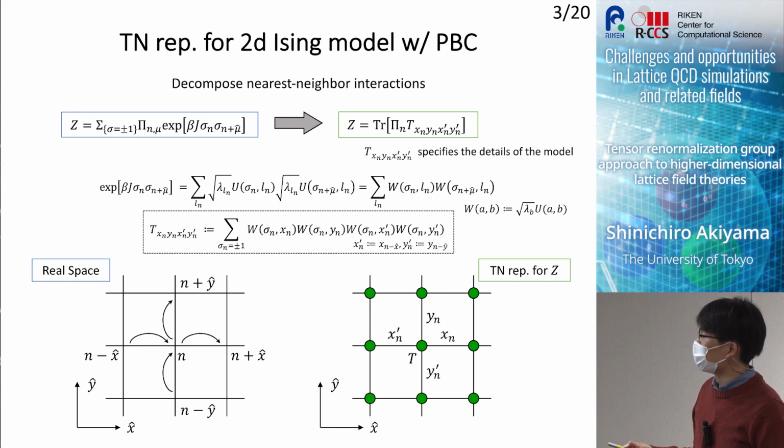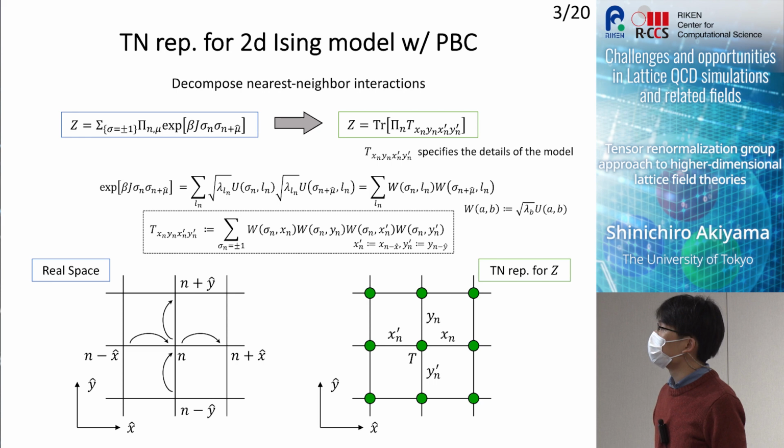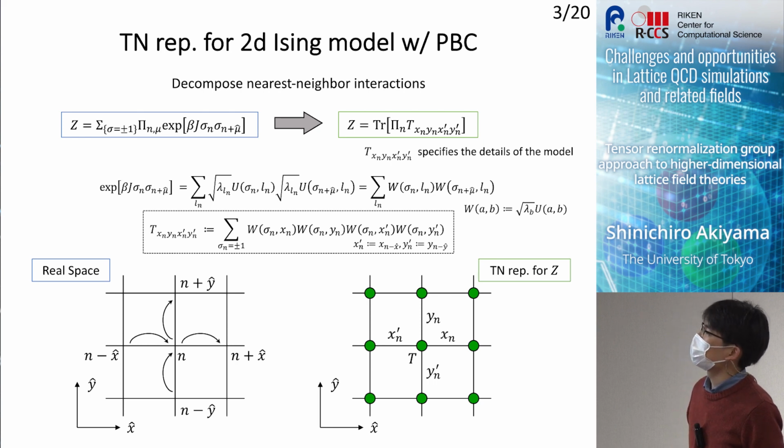And I have defined the matrix element W in this way. And the point is that in the left-hand side, the original Ising spins defined on the different lattice sites are encoded in the single matrix element, but in the right-hand side, these spin variables defined on the different lattice sites are encoded into the different matrix elements.